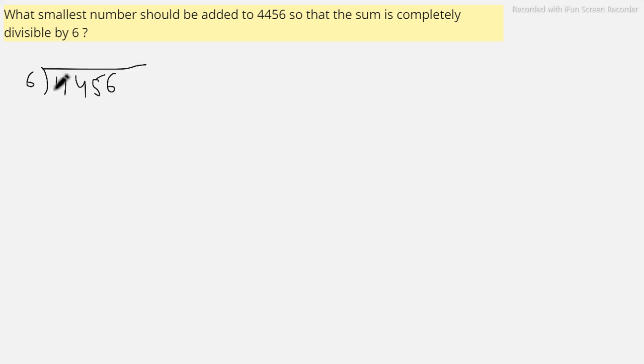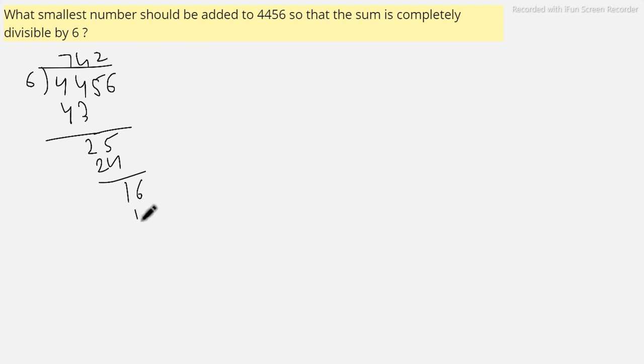I'll divide 4456 by 6. 6 into 7 is 42, 25, 24, 16, 12. So the remainder is 4.